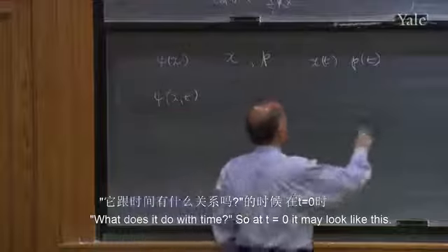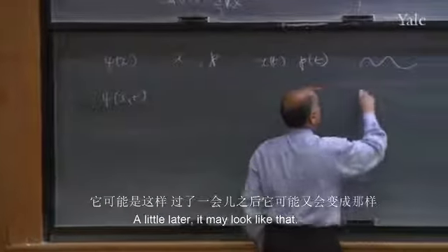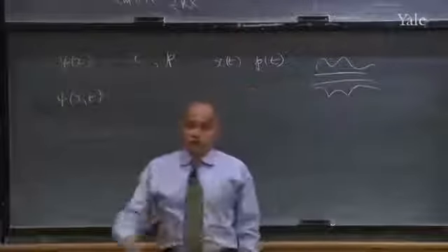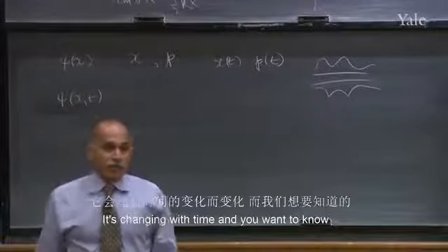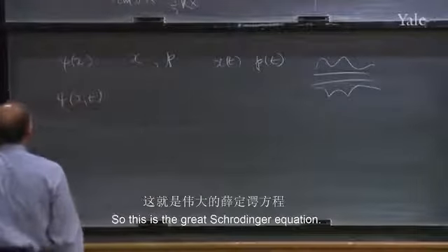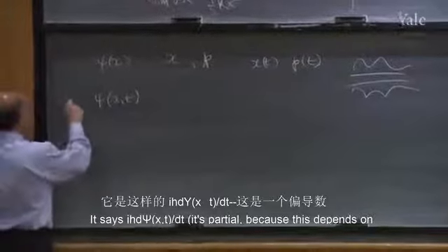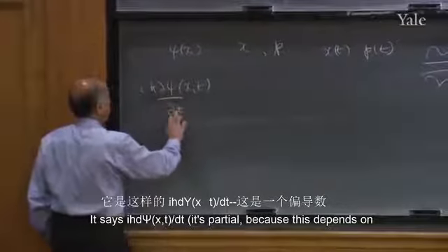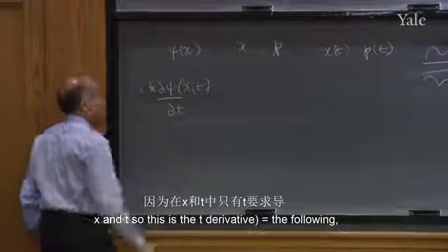So at t equal to 0, it may look like this. A little later, it may look like that. So it's flopping and moving, just like, say, a string. So it's changing with time, and you want to know how it changes with time. So this is the great Schrödinger equation. It says i h bar, partial derivative with respect to time. It's partial because this depends on x and t.